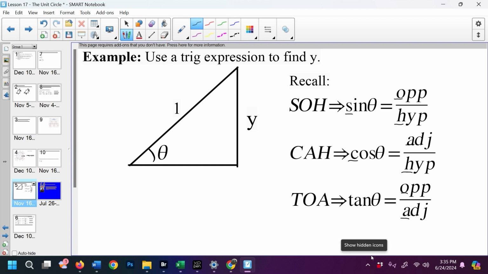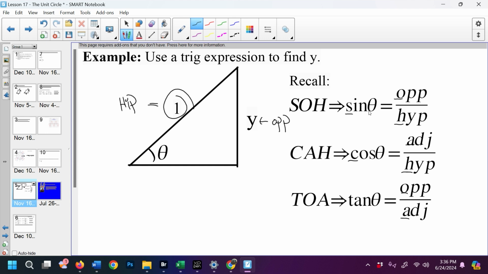Now, with that, when we're talking about the unit circle, all of the hypotenuses have a length of 1. And for sine and cosine, when you have 1 in the denominator, it becomes just that opposite side. If I'm thinking about the values in this triangle, this side here is my opposite side. This side here is my hypotenuse.